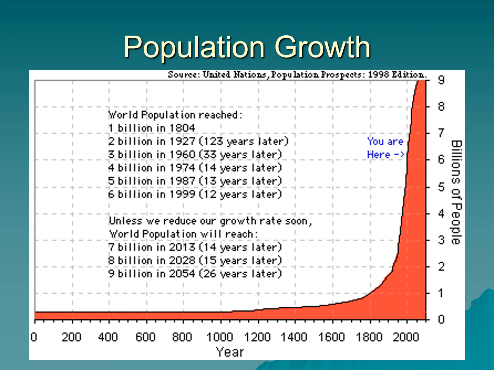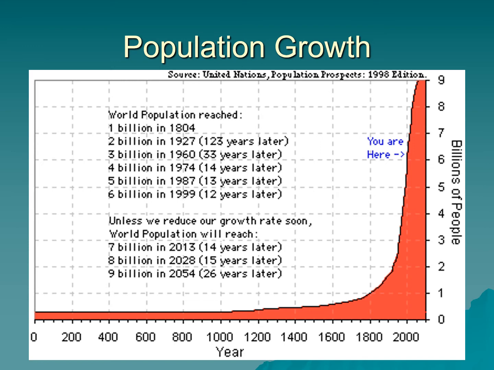All right, so unless we reduce our growth rate fairly soon, we are on track, actually, because we're already well over 7 billion. And we're at 2020. I think we're at 7.4 or 7.3 billion right now.